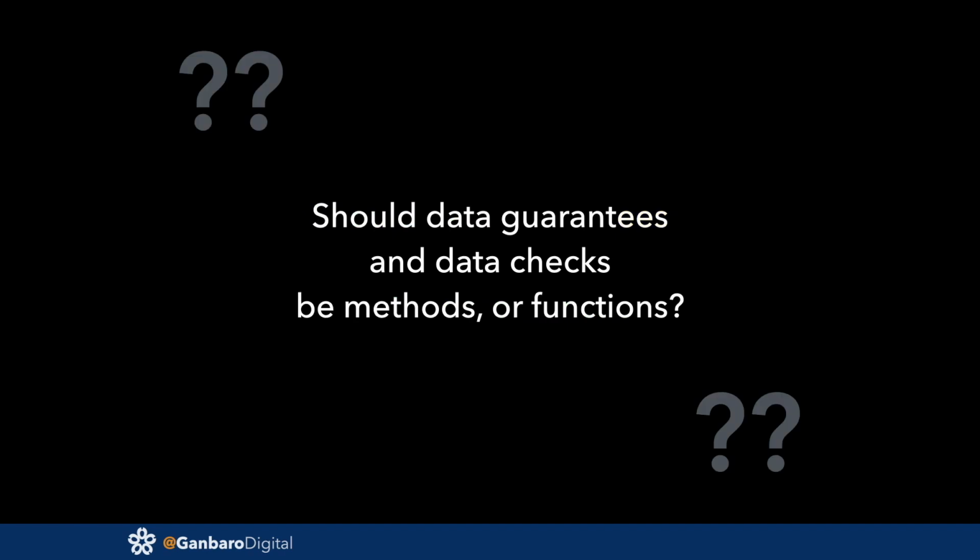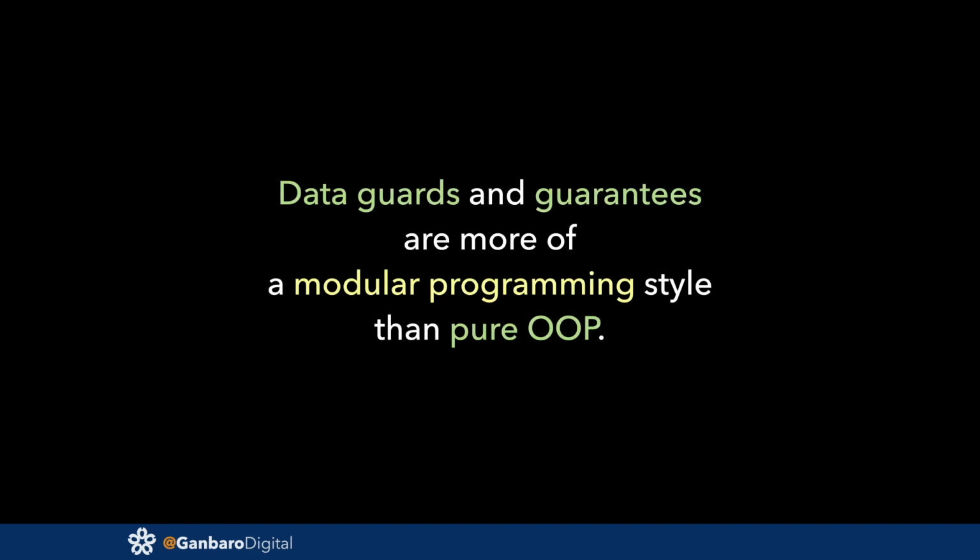Now, you may have noticed I changed style as I was going through that code. I started off with methods on an object, and then they became functions as I went through. Why did I do that? And what's the right way to do this? And the answer is, it depends. At their heart, data guards and data guarantees are an example of a style of programming known as modular programming.